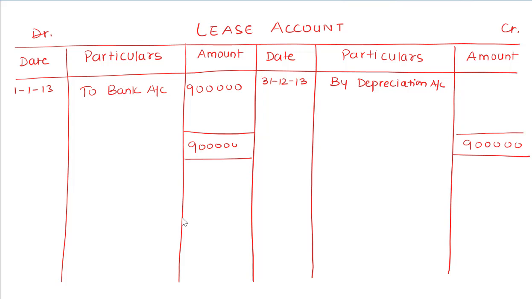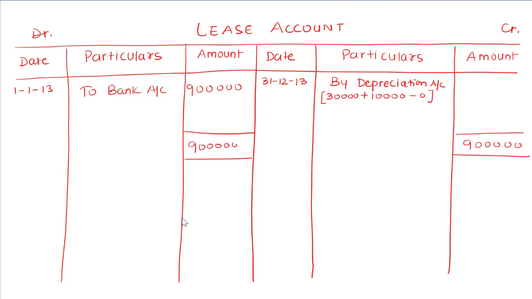How will you do it? Annual raisings are sales plus closing stock minus opening stock. So 2013 sales is given, that is 30,000, plus closing stock which is 10,000, minus opening stock which is 0.